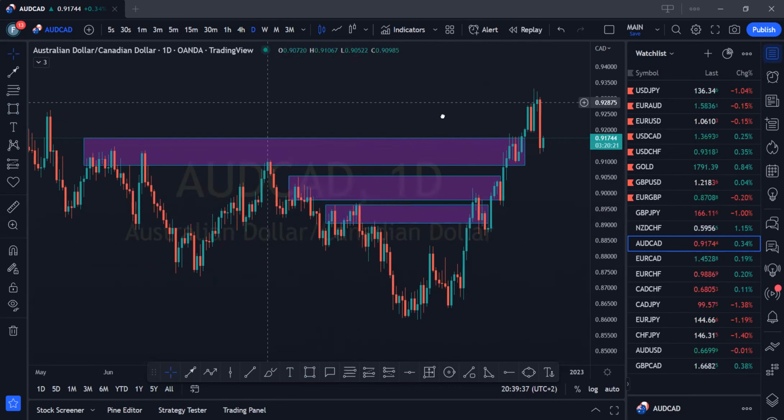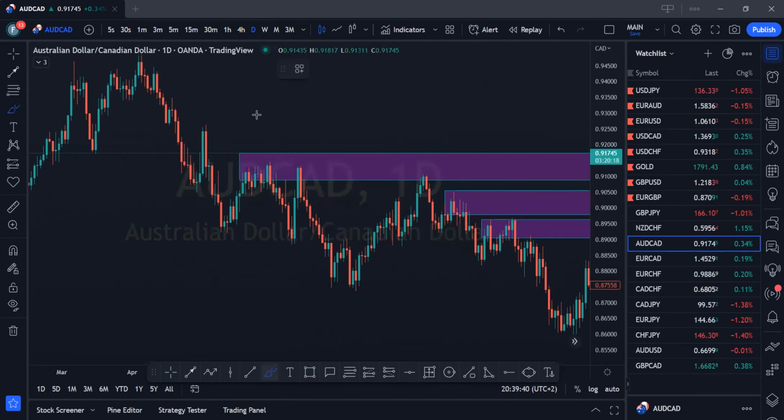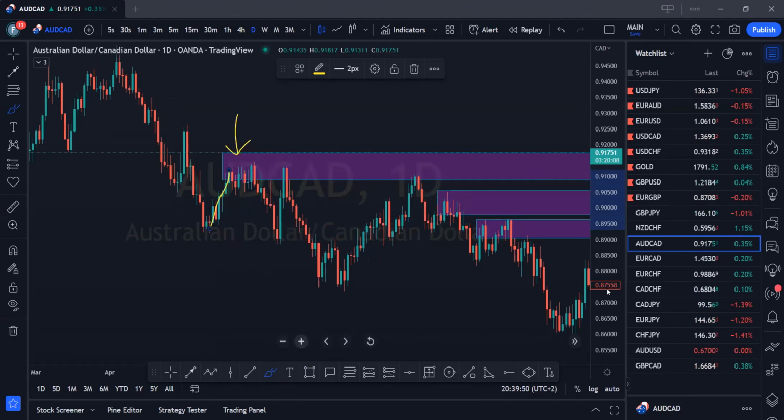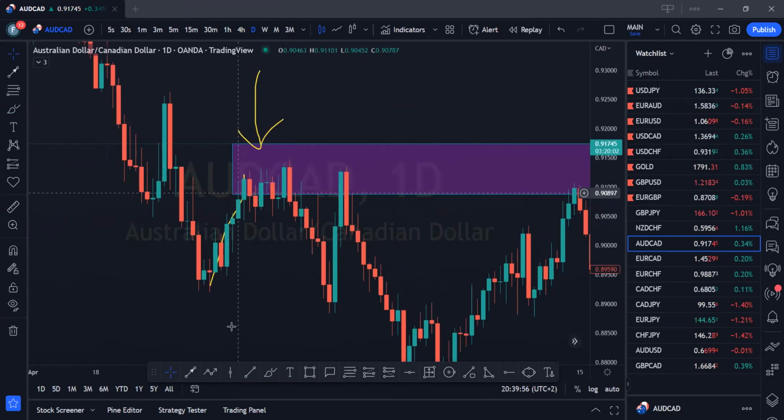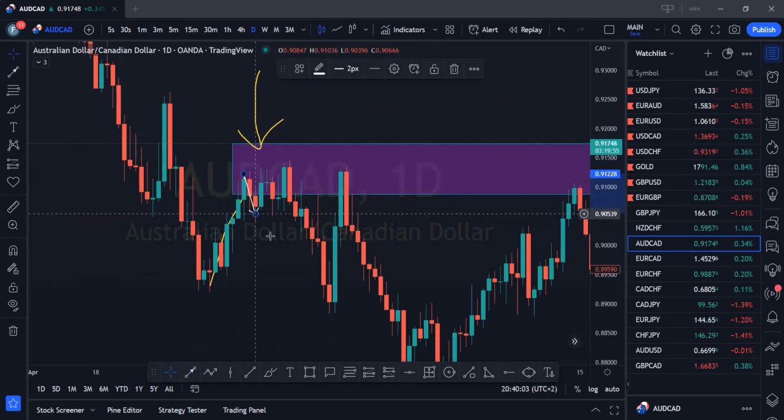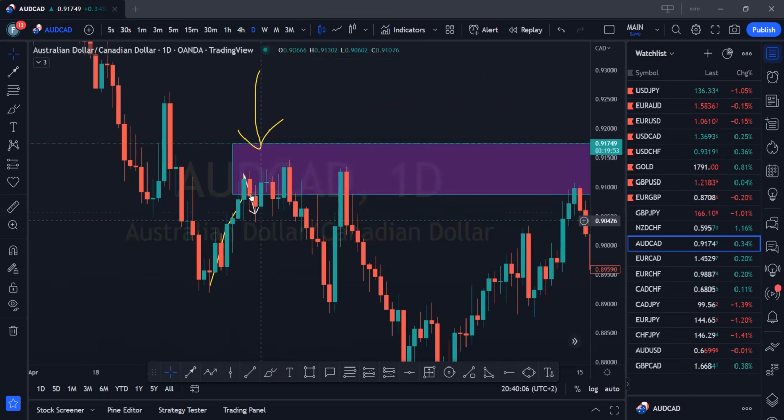So let's assume that this is the first time that we are going to see a reversal in this zone. So you can see price coming here like so. Let's make this bigger. Price coming here, and then ultimately we can see this pushback like so. Once we see this, we are seeing some form of reversal.